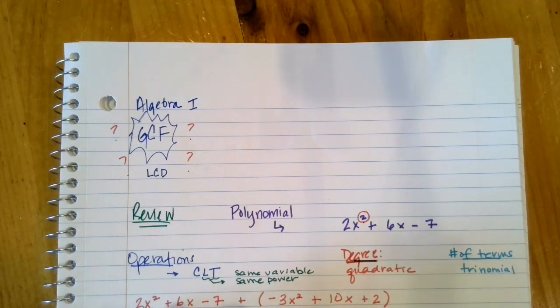So I can add this 2x squared and this negative 3x squared together.